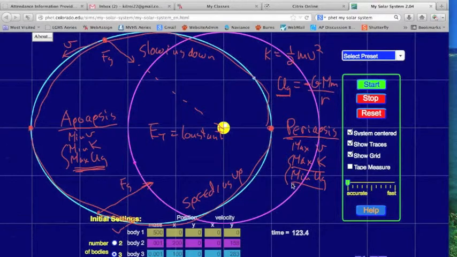If I have maximum kinetic, that means I've got the least potential. And these two do add up to the same thing. And so you can use energy to answer questions about elliptical orbits. So the kinetic energy at periapsis plus the potential energy at periapsis would equal the kinetic at apoapsis plus the potential at apoapsis, or any other point.